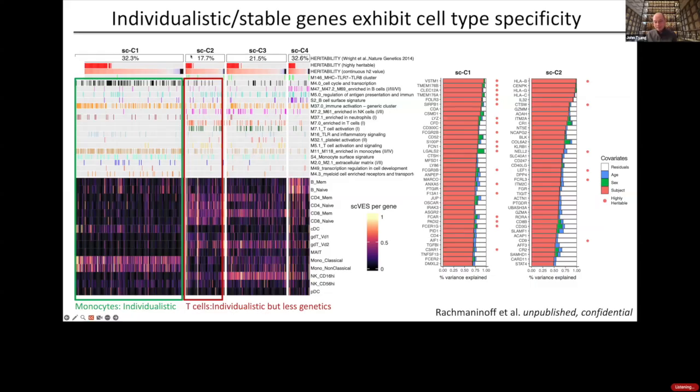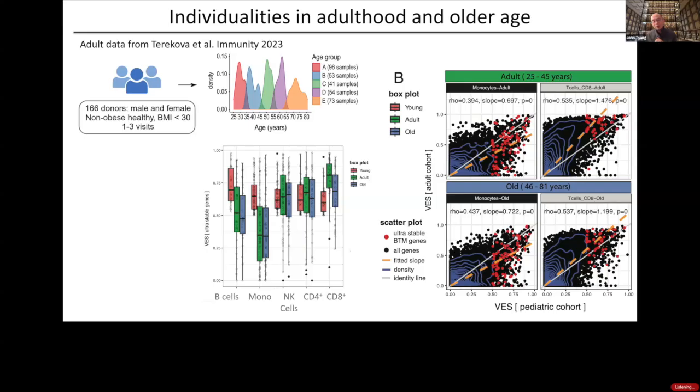Some of those are definitely set by genetics with strong effects, but many of those are likely also shaped really early on by environments. So we look at this a little bit more in older US adult cohorts and ask, do the same genes that show this kind of high intersubject variation and stability in the pediatric subjects in Nicaragua, how do they behave in adults, especially in the US?